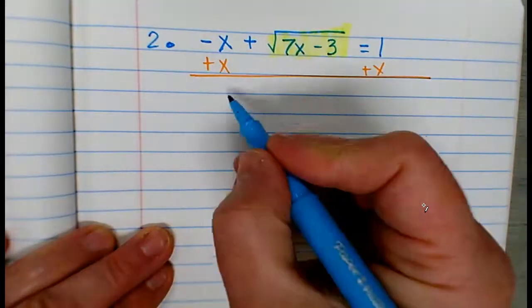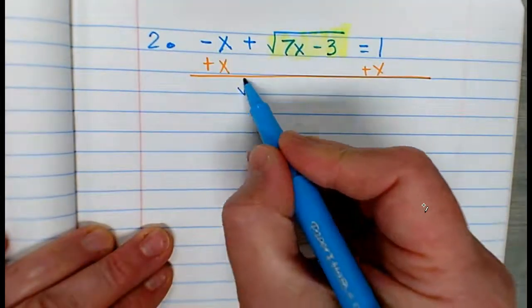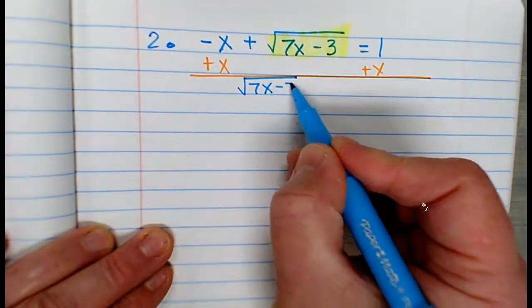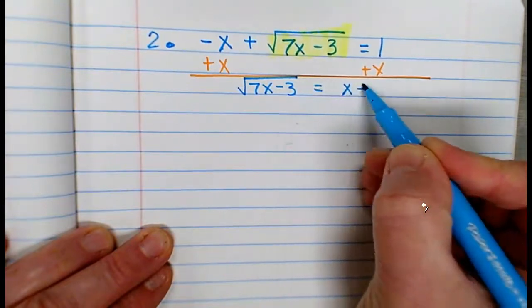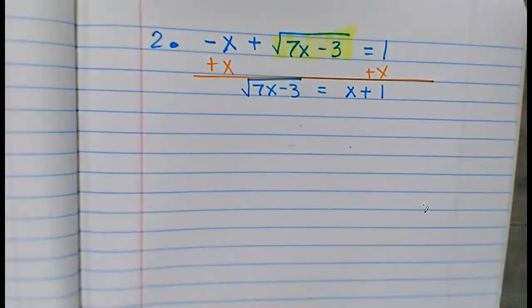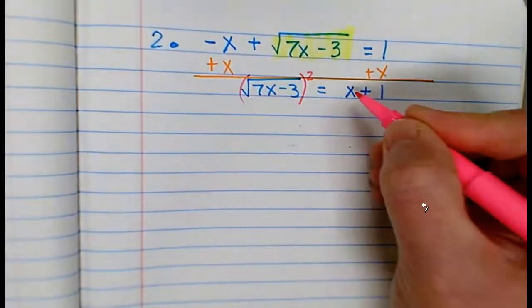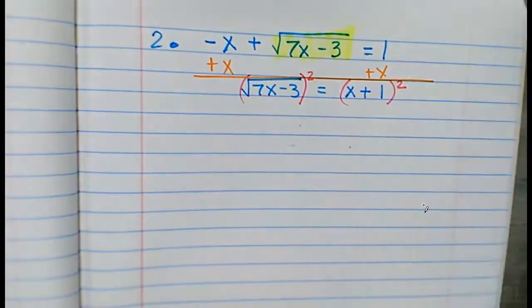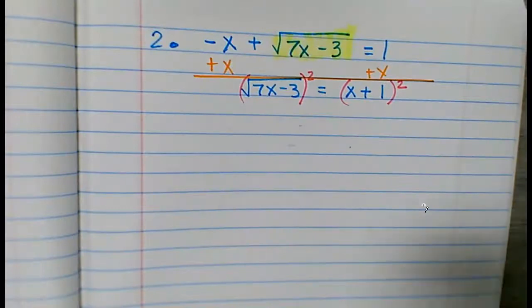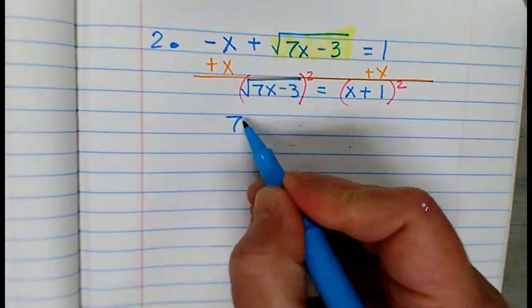And that's going to cancel out the x. And then I need to square both sides so that the square root cancels out.